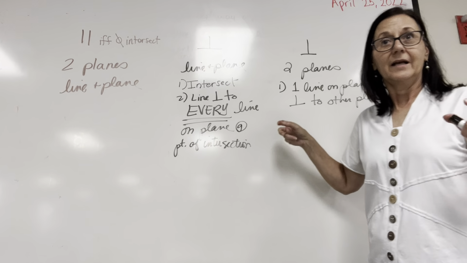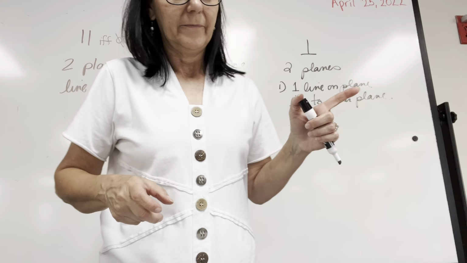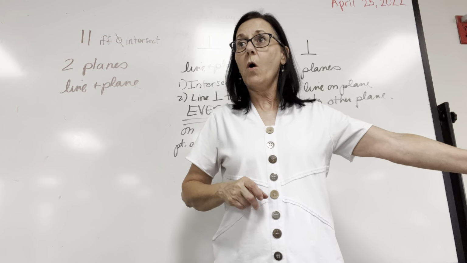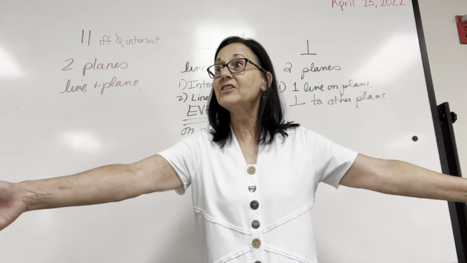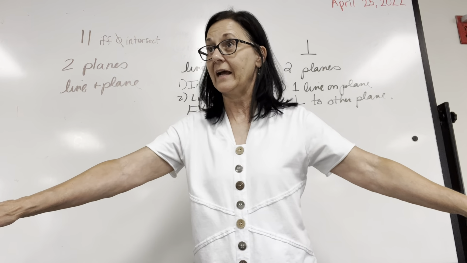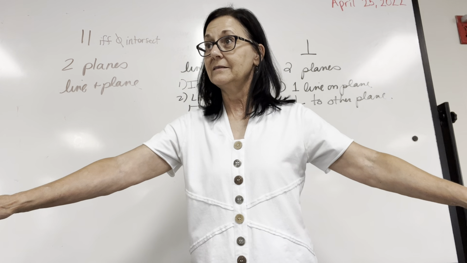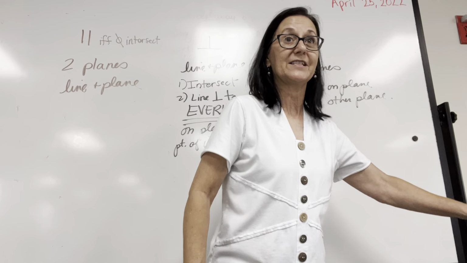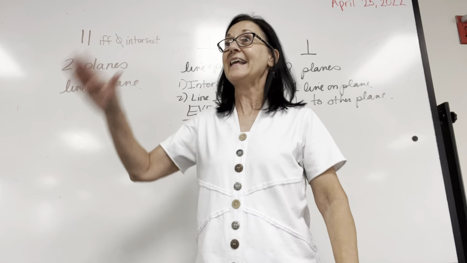Got it? So oblique means that they're not parallel. If they're not parallel, that means what? They have to intersect. Does that make sense? Because parallel means never intersecting, so not parallel means they do intersect.